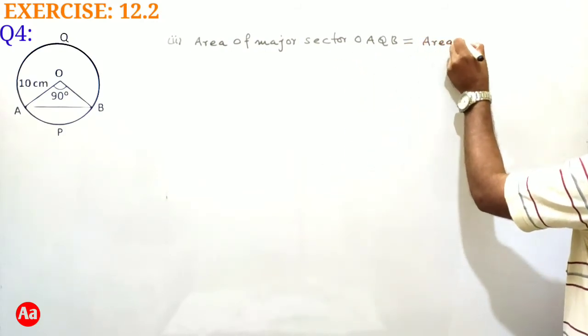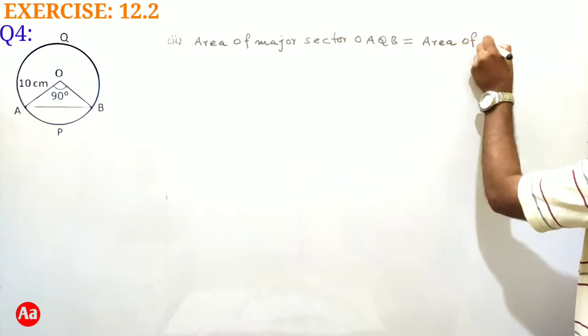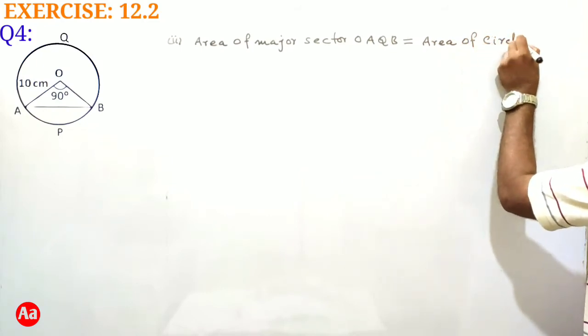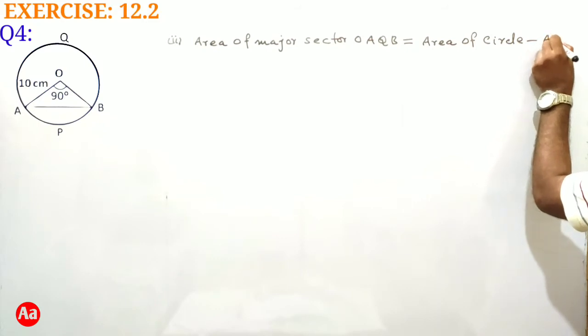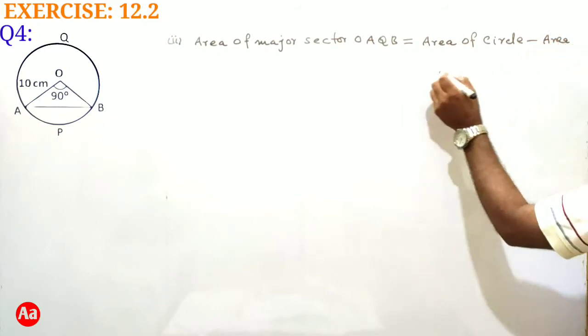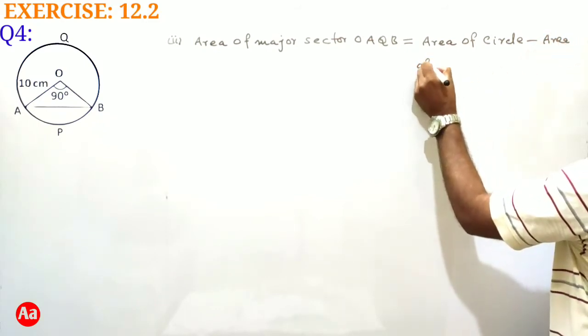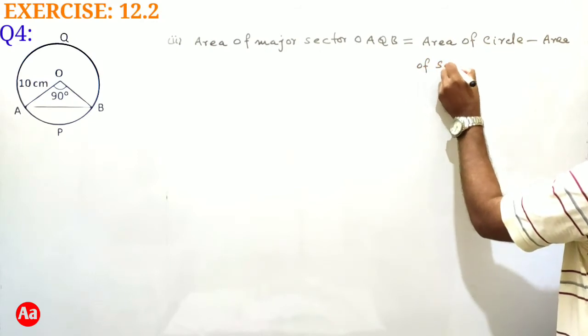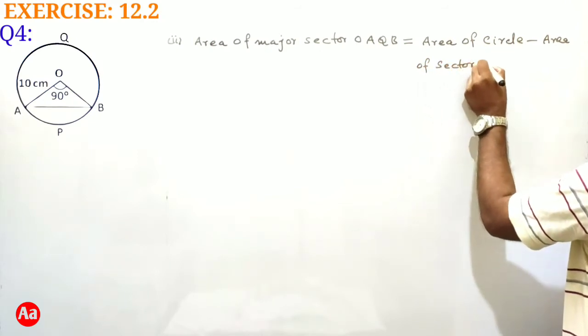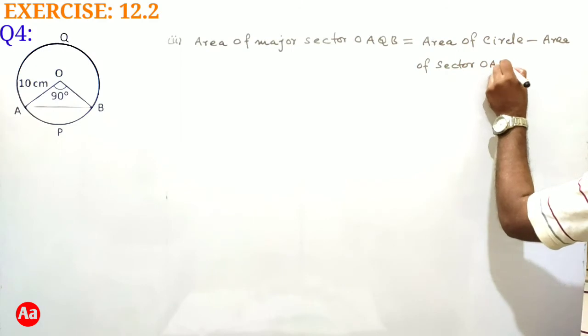So area of circle minus area of sector OAPB.